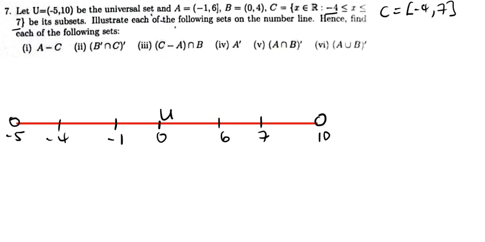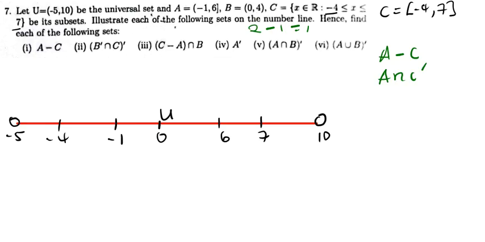The first thing I'm going to deal with, this guy which is saying A minus C. Minus simply means the next guy needs to have a complement. So it's basically the same as A intersection C complement. It's more like I say 2 minus 1 is 1. So in 2 we are removing 1.